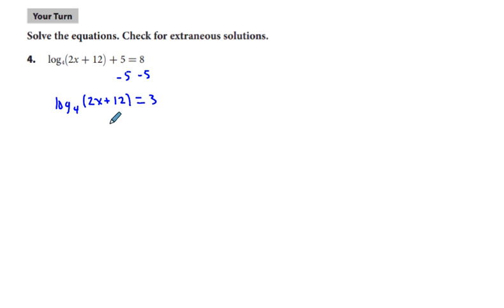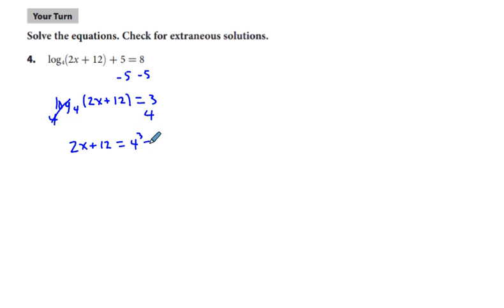So what we can do next for this one is take 4 to the power of both sides, and when we do that, the 4 and log base 4 cancel each other out. So what we have is 2x plus 12 is equal to 4 to the third power.